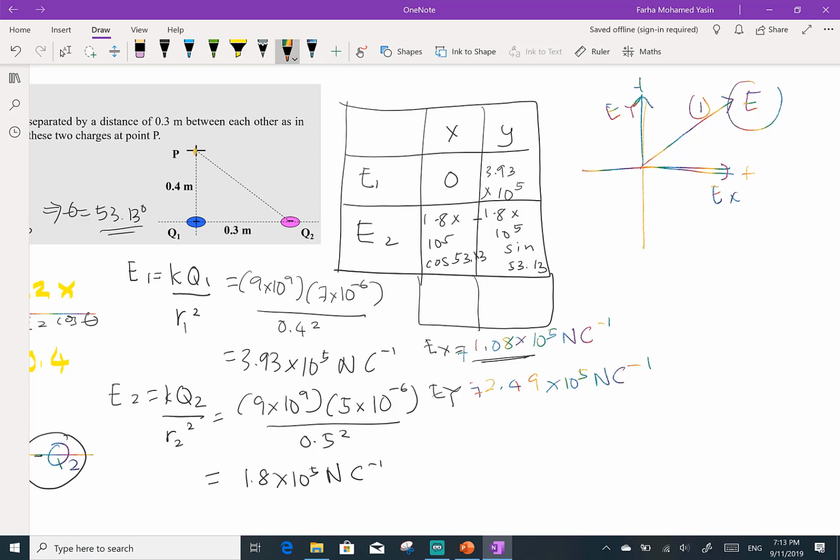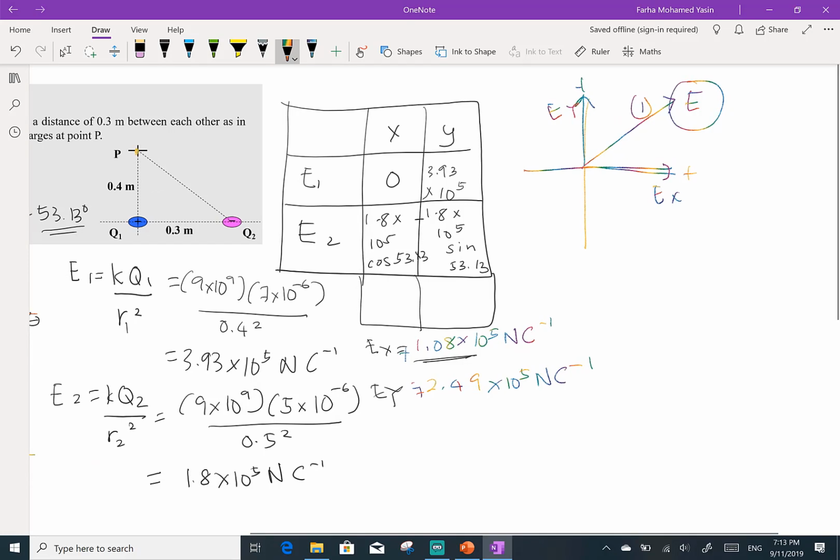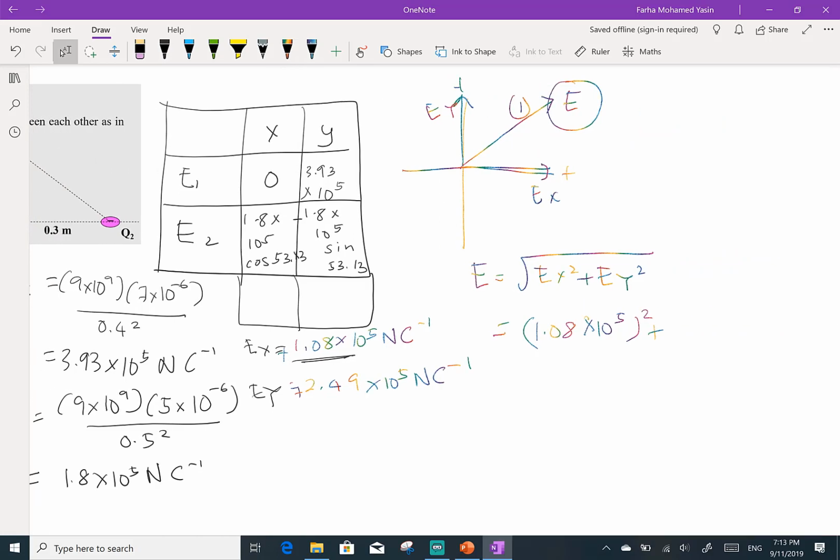So now kita perlu cari berapa nilai E. E total is equals to square root of EX square plus EY square. So masuk value, 1.08 power of 5 square plus 2.49 power of 5 square, all square root.